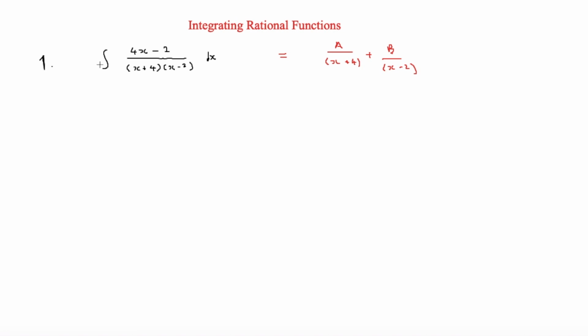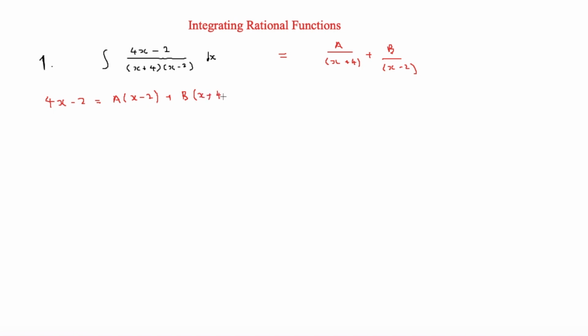But then what we're going to do is multiply by the bottom. So what we have is 4x minus 2 equal to A times (x minus 2) plus B(x plus 4).